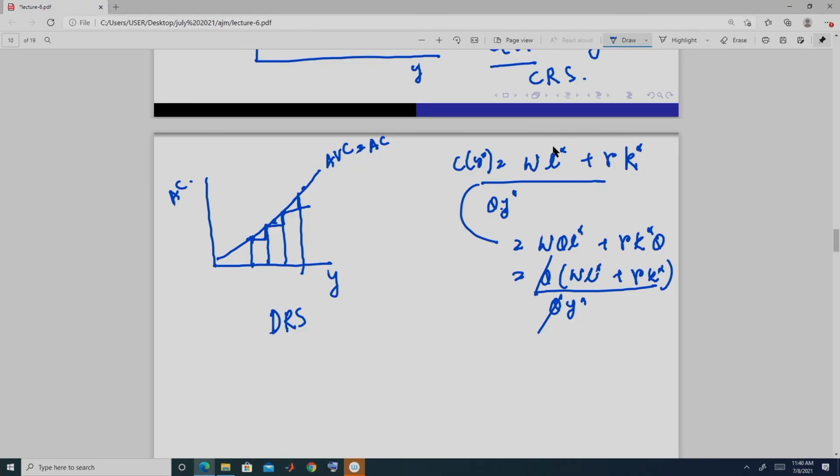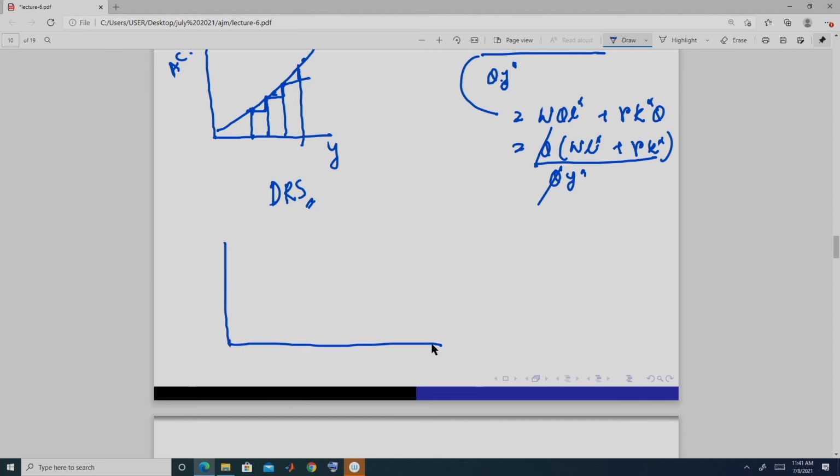So, if you look at this situation, this numerator is increasing by more than theta times than the A. So, that is why you will get an increasing average cost curve when our production exhibits decreasing returns to scale.